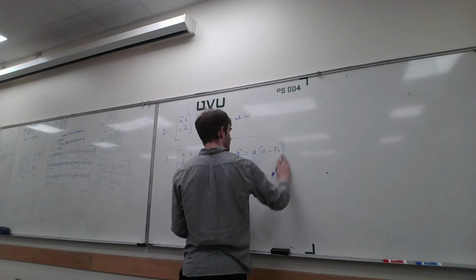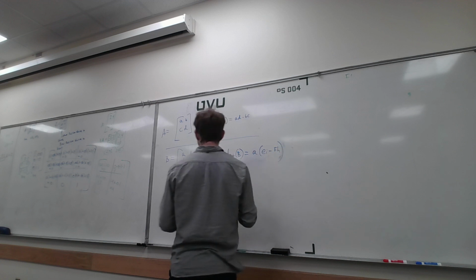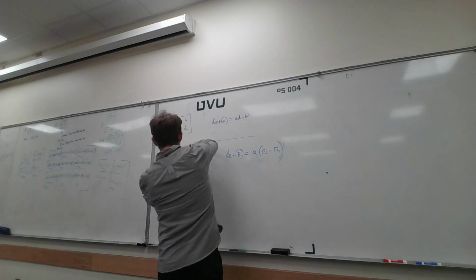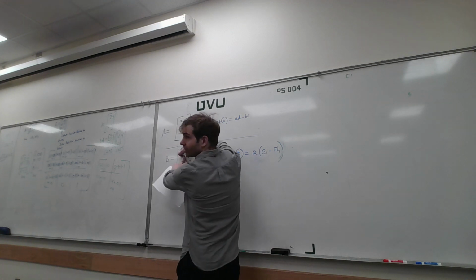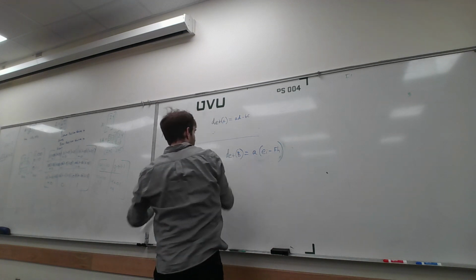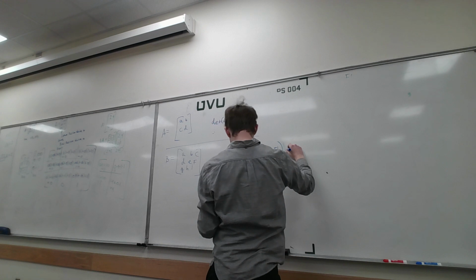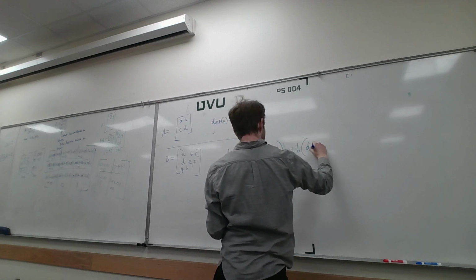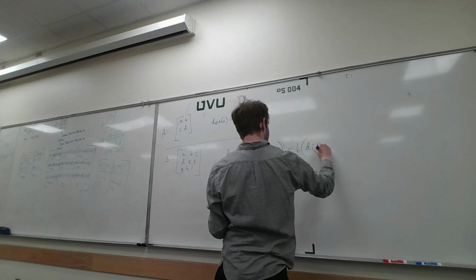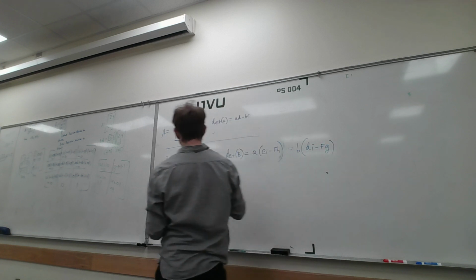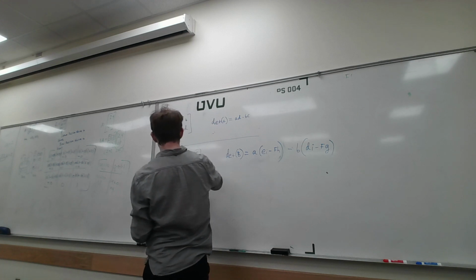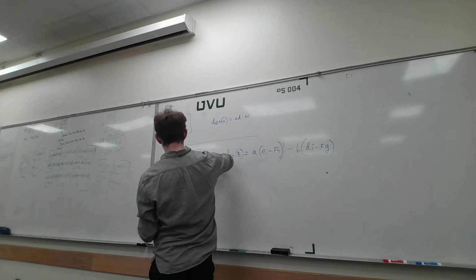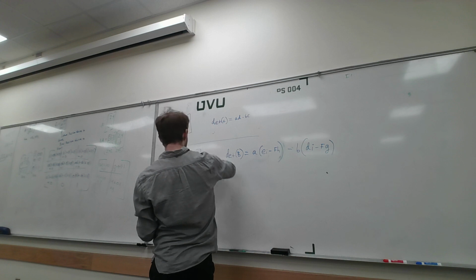So A multiplied by this little 2 by 2 determinant down here. And then minus B multiplied by D times I minus F times G. So D multiplied by this little determinant over here.